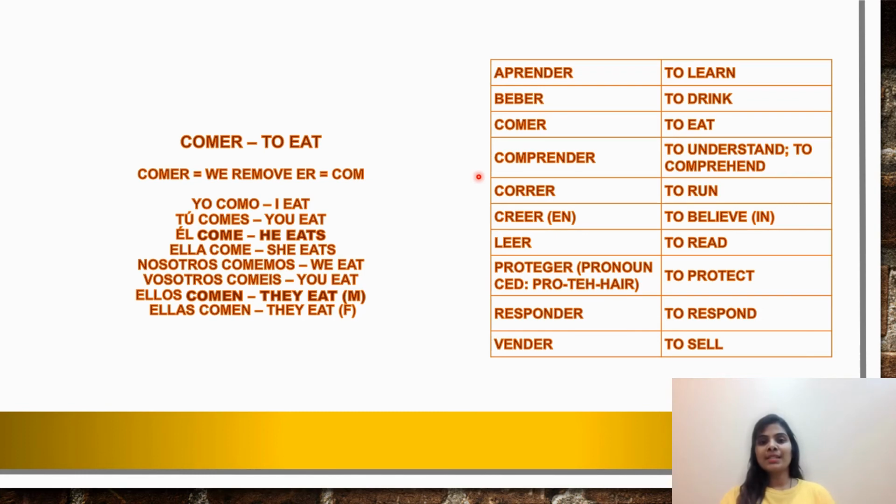Comprender, to understand or to comprehend. Correr, to run. Creer, to believe. Leer, to read. Proteger, to protect. Responder, to respond, to answer. Vender, to sell. You can conjugate all of these verbs in the same manner as we did for comer.